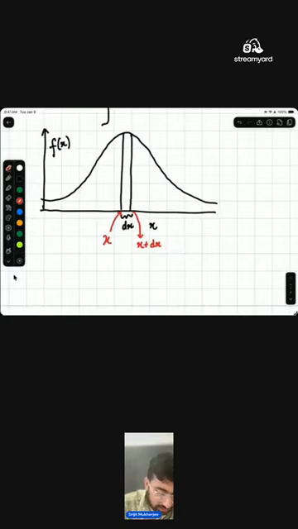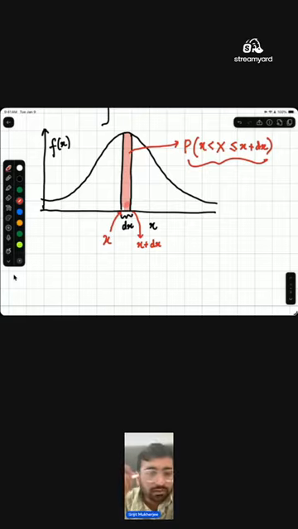So this area under the curve is what the probability is. It is nothing but the probability that the random variable is taking values between x and, since it's continuous, x plus dx. You can see it's a very small region.